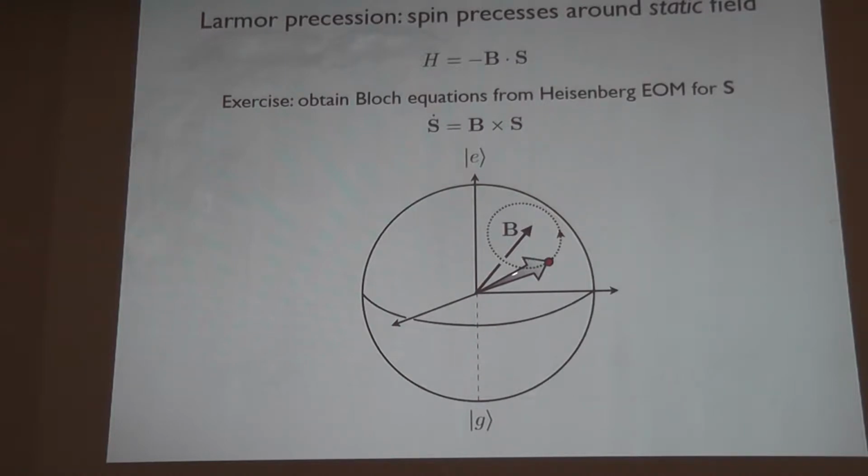So if the spin is not initialized exactly along the field, but at some angle to it, it'll precess with its projection along the field constant as a function of time. So throughout the talk, there'll be a few points where I put this word exercise here, which is basically to tell you that if this isn't something that's familiar to you, or you don't remember how to derive it, you should go home and do this afterwards.